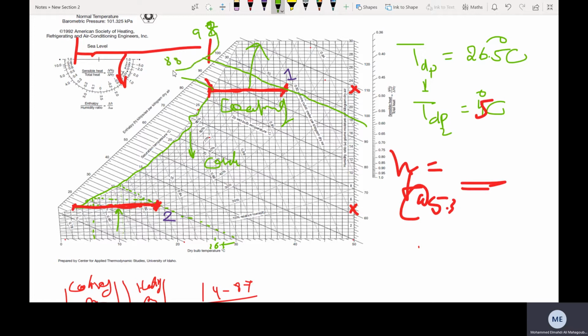So here I have 10 kilojoules per kilogram. And in the heating, I have around, let's say, here we have 20, here we have 19, 18, 17, 16, around that. And this line is approximately.